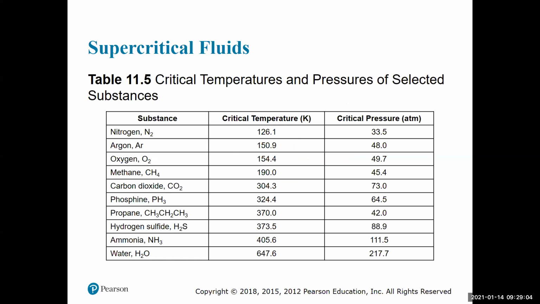This is a list of some common chemicals that are used to form supercritical fluids. The one I want to point out is carbon dioxide, CO2. That's probably, if I had to guess, the most common supercritical fluid that's used on an industrial scale.